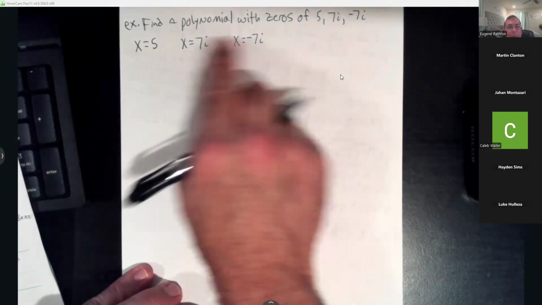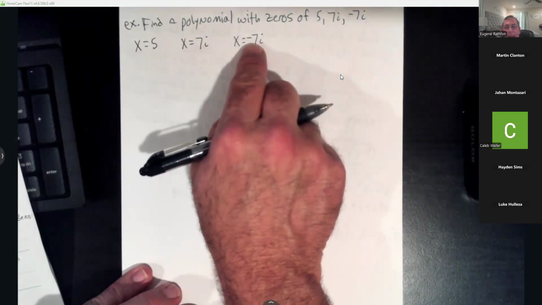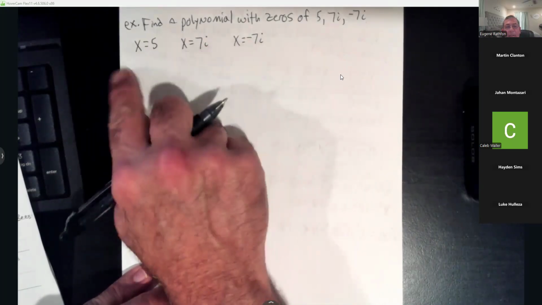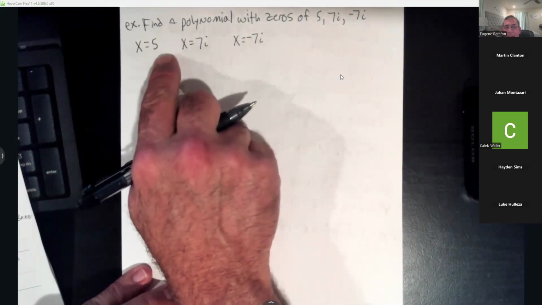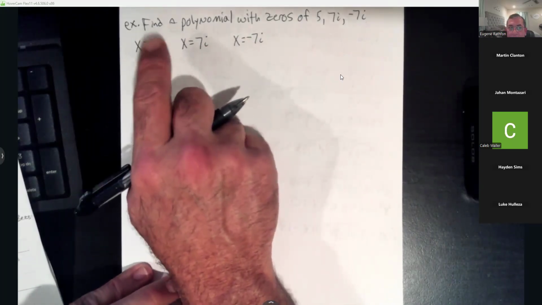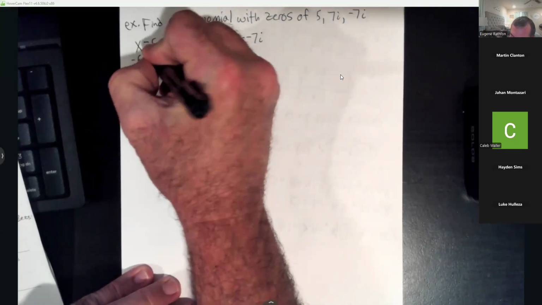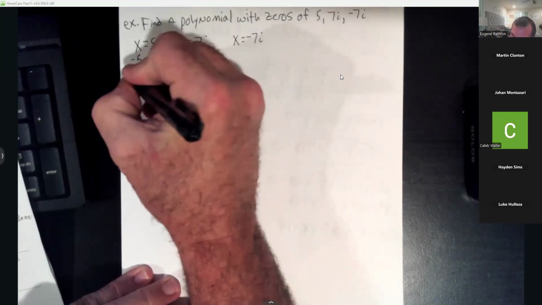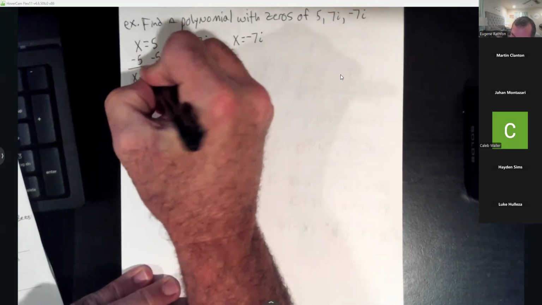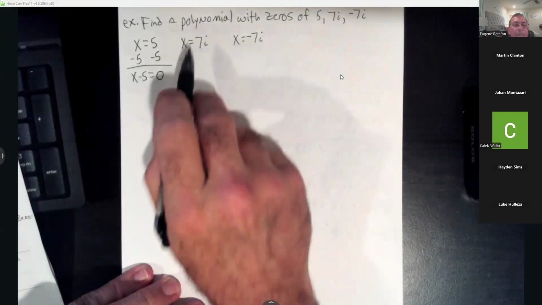All right, also doing the same thing. We're going to get zeros on the right side, so add and subtract as needed. For this one, we're going to subtract 5 from both sides, and y'all, that gives us x minus 5 equal to 0.